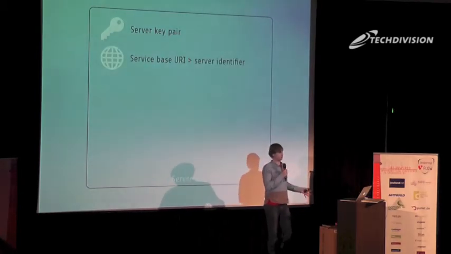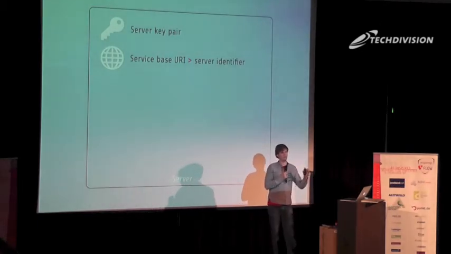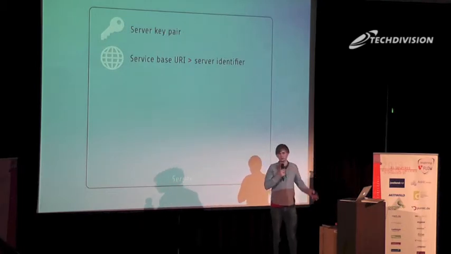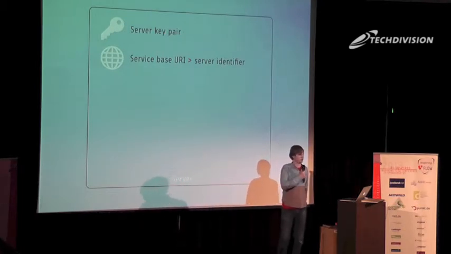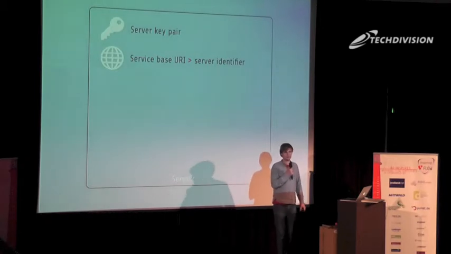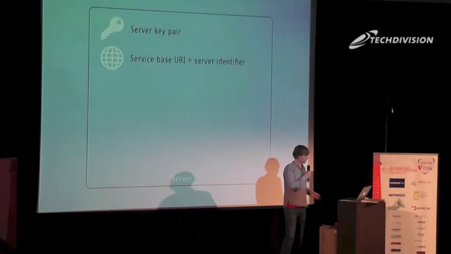And the server has a server identifier, and after fiddling around with a lot of names, we thought, okay, the URI of the server is always unique, so let's take this, and actually you configure the base of the SSO REST services as the server identifier.